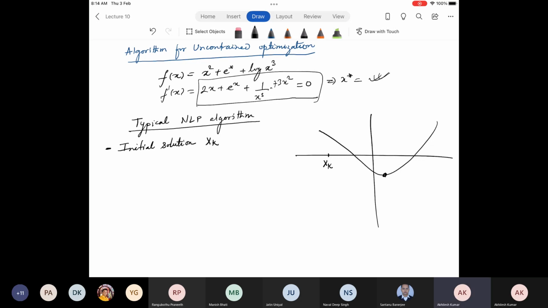What do you need to do next? You need to reach here. So next you find a direction vector dk. Now I'm here and I know which direction to move. What else is required to find the next point?